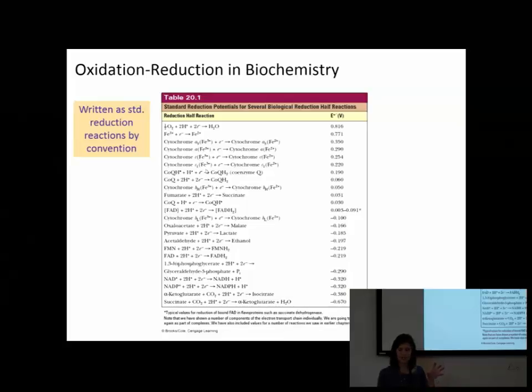So again, you want to flow electrons from more negative to more positive. These up here have a higher affinity for electrons. They're a good oxidizing agent. They get reduced easily. These have lower affinity for electrons. They want to release the electrons. Really, that's what I want you to remember.